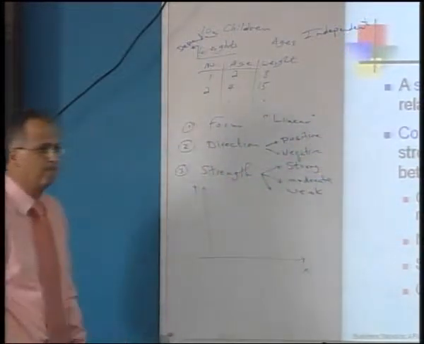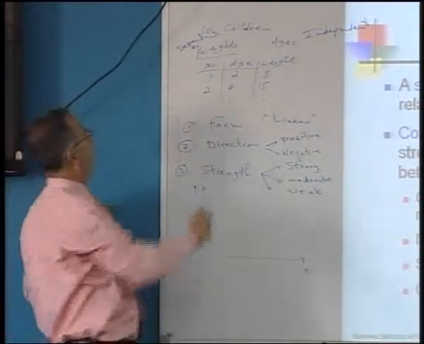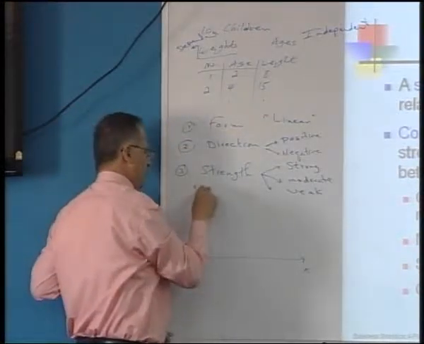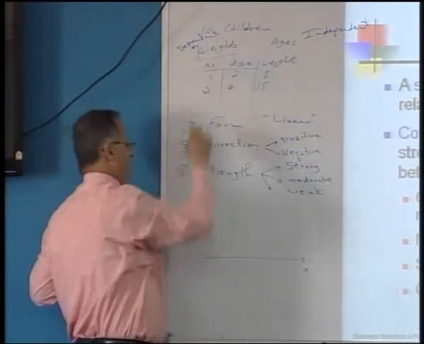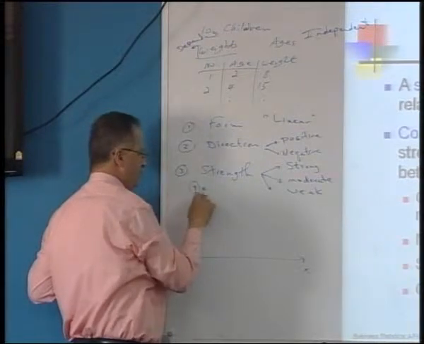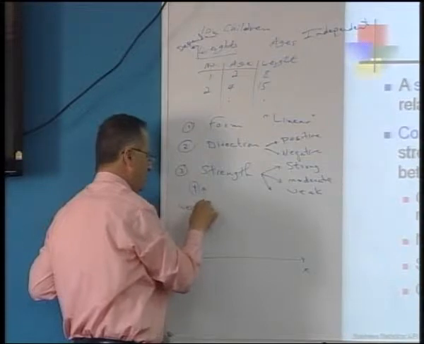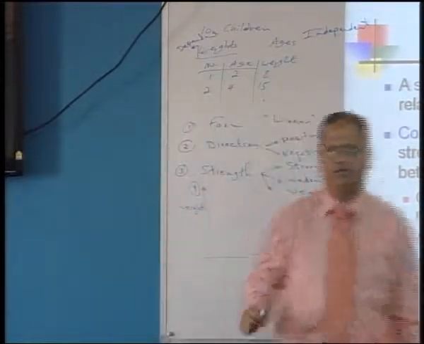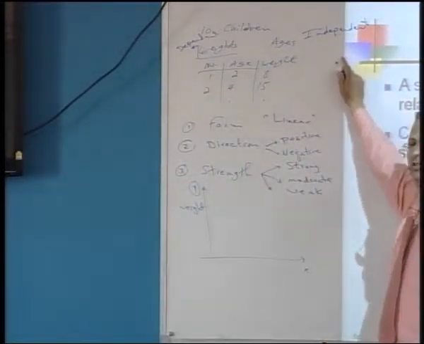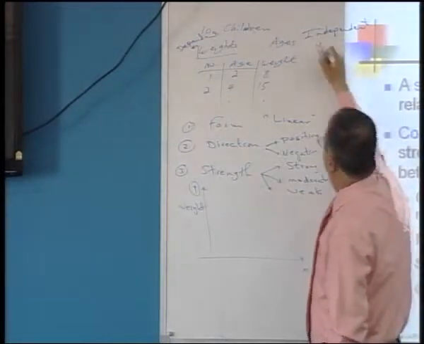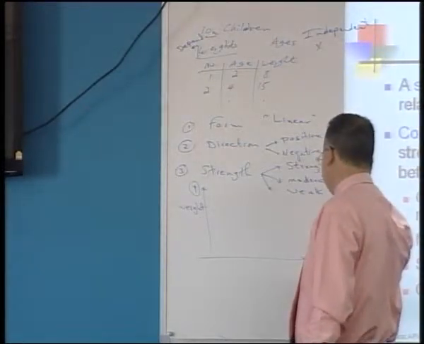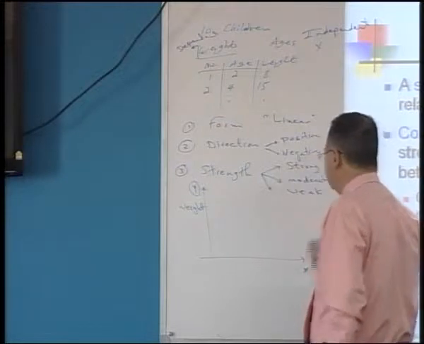Always, a dependent variable is denoted by y, and always on the vertical axis. So here we have weight. And the independent variable is denoted by x, and x is on the x-axis or horizontal axis.